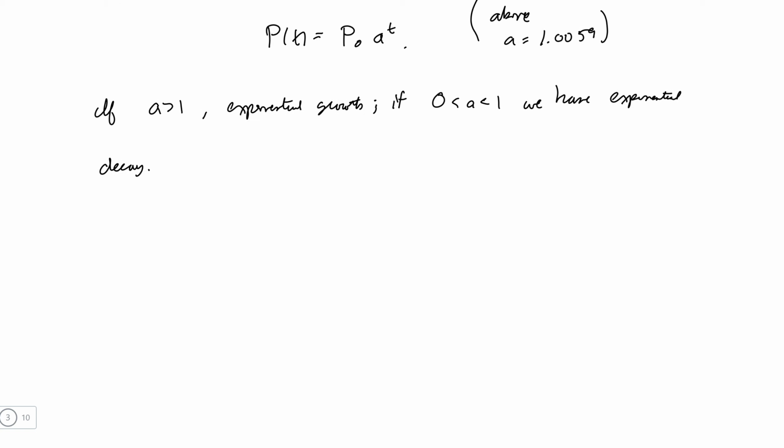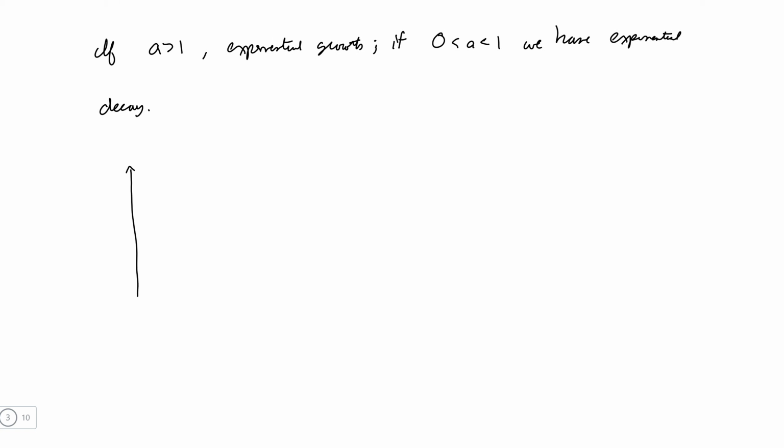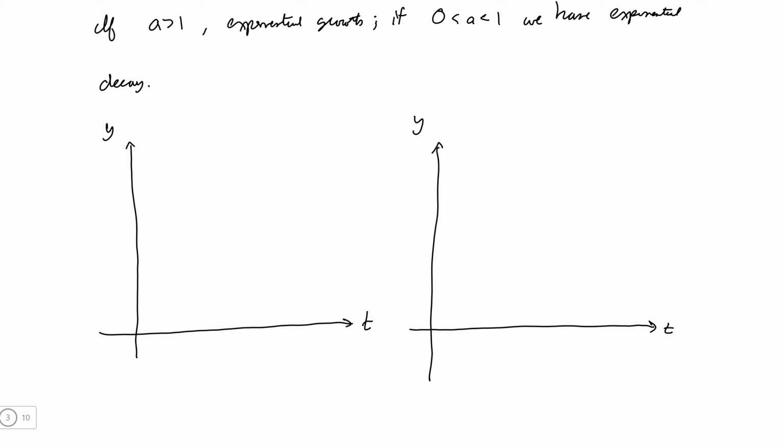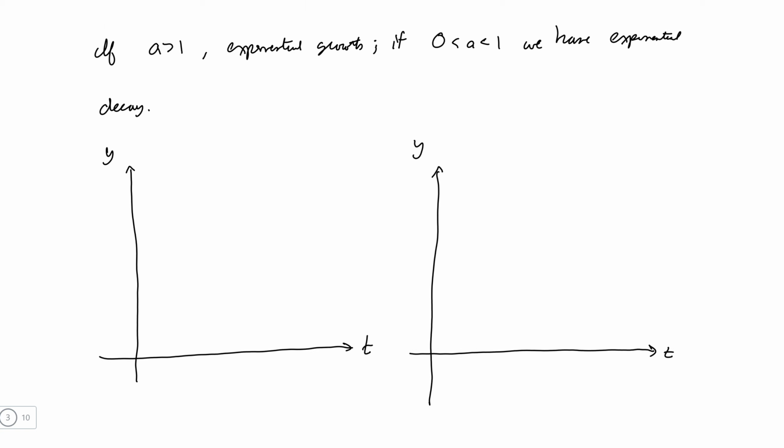So we can also graph what this looks like in each case. So let's say this is t, this is y, so let's do two different graphs here. If we have exponential growth, it's going to look like this.